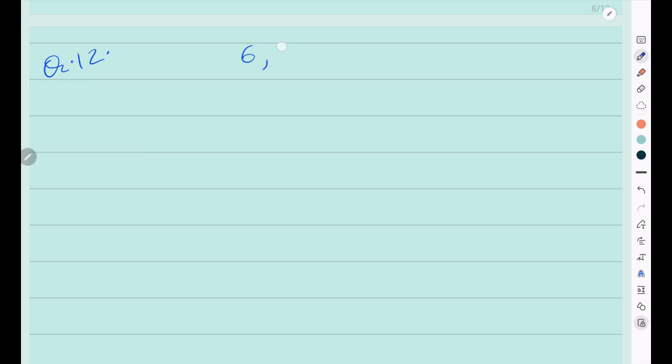And then the next integer will be 12, of course. Next will be 18, and so on. So it is asking that the sum of 40 such integers we need to find out.